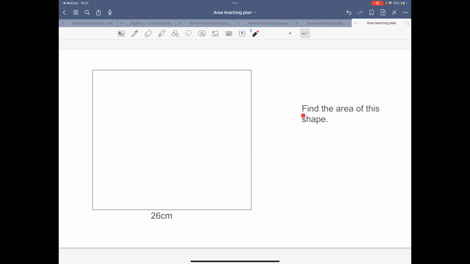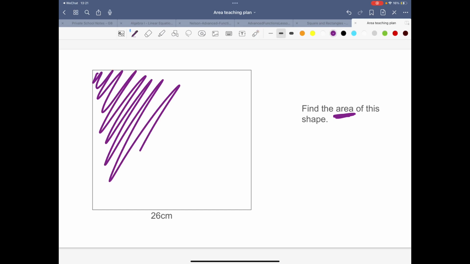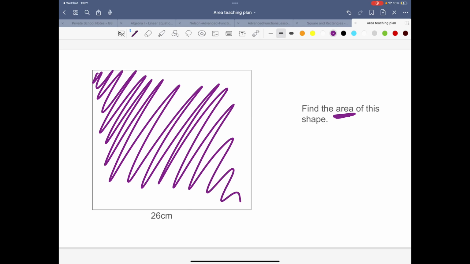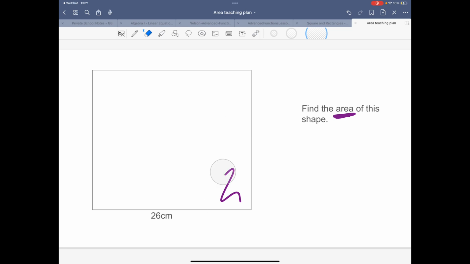And the question says find the area of the shape, which the word is area. So that means you're going to find this whole thing. The whole covered part. So now I'm going to give you a few seconds to think about this question and solve it. Go.